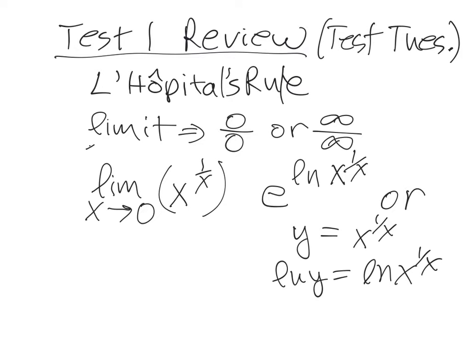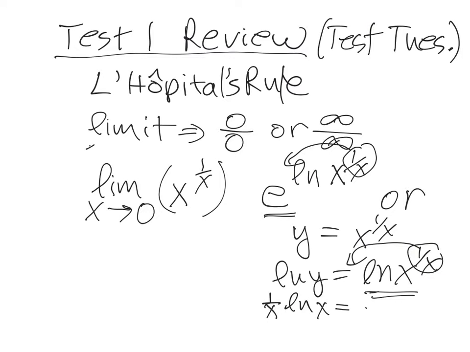But eventually, whichever notation you're using, you'll need to pull the 1 over x, the exponent part, out in front. In my notation, you can end up with that, which would simply be natural log of x over x, and go from there. Or with his notation, you'd have e to all of that and work from there.